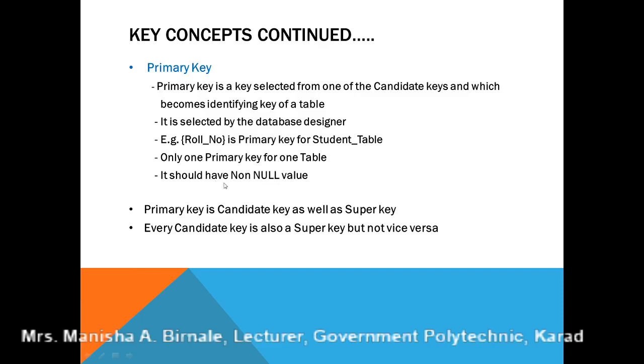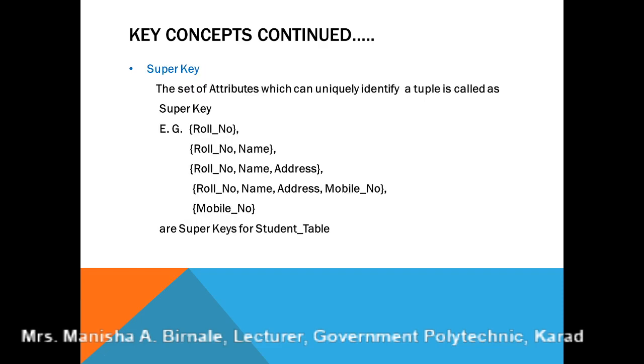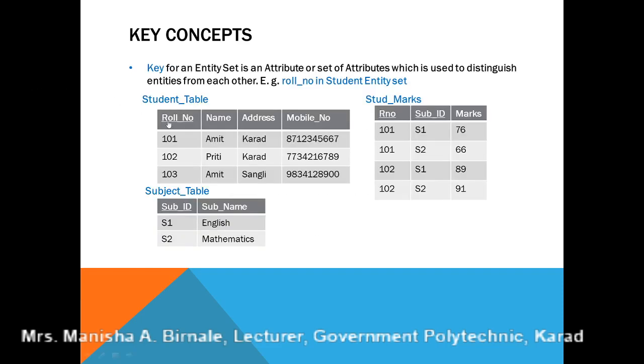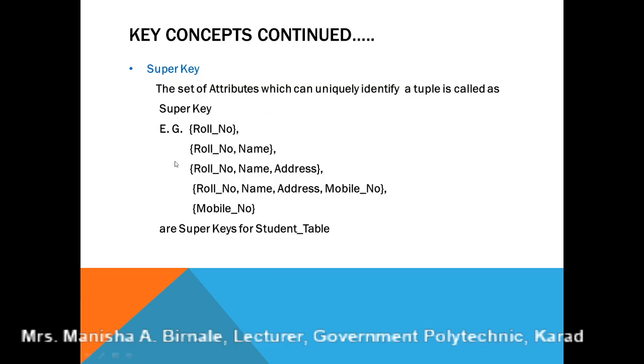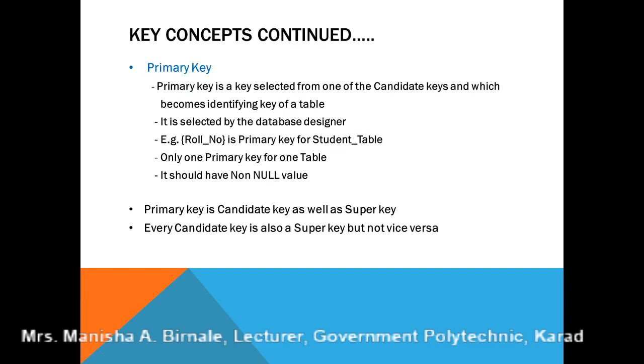So it should have non-null values. Primary key should have non-null values, which means the value in the primary key attribute should not be null. What is meant by a null value? Null value means the value which is missing or not known.